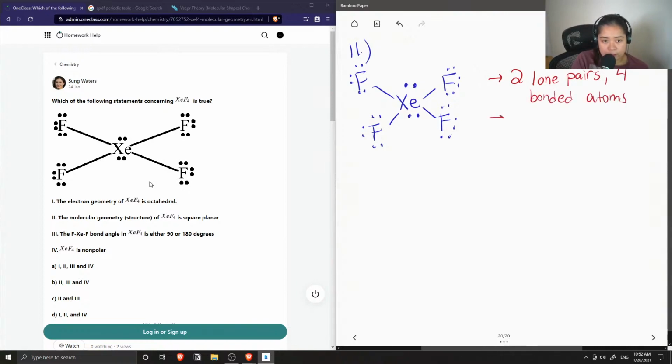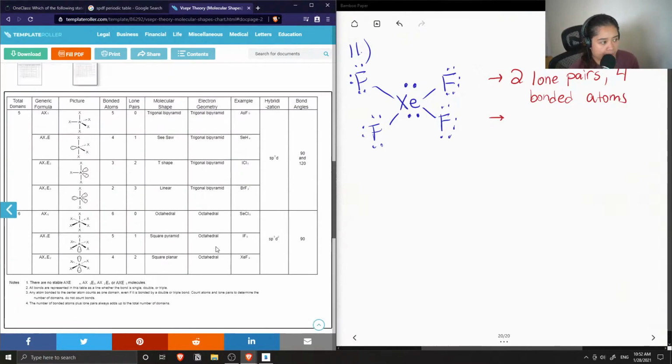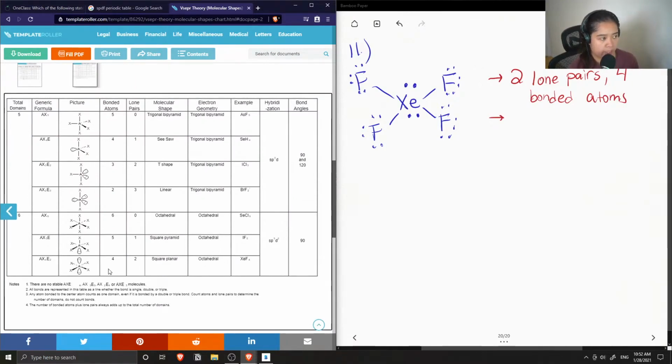So using a VSEPR chart, we can find out its molecular shape and electron geometry. So this should be on the next page. When we have 4 bonded atoms and 2 lone pairs, we get a square planar molecular shape.